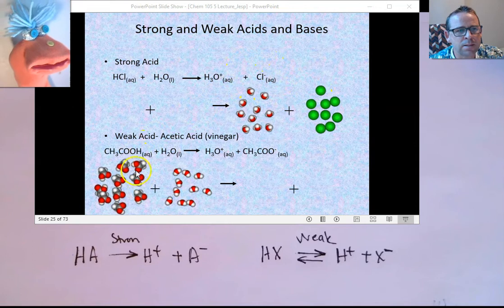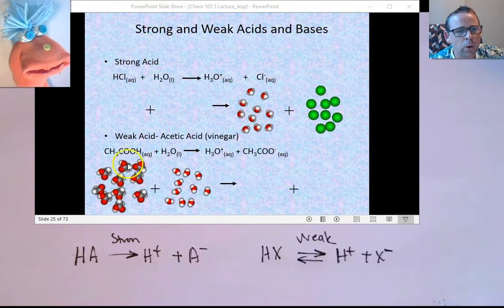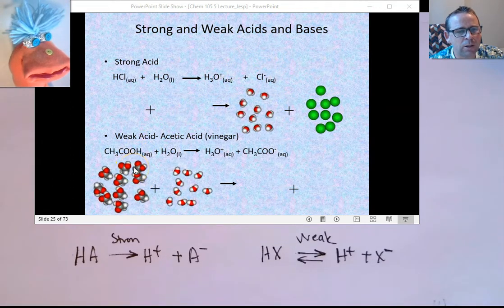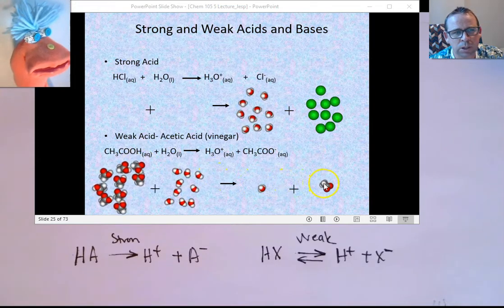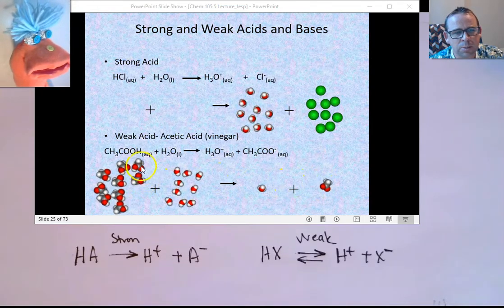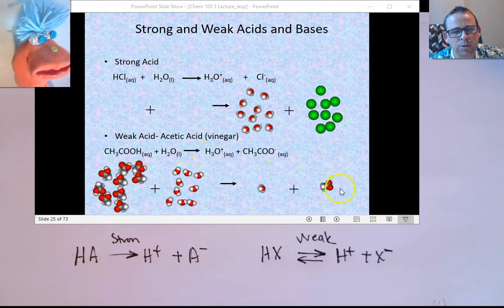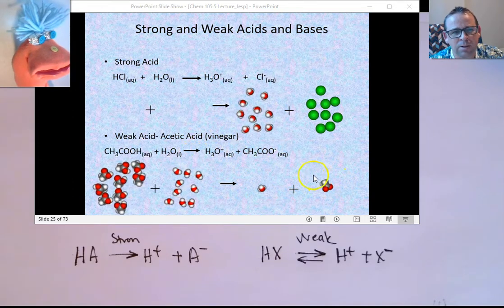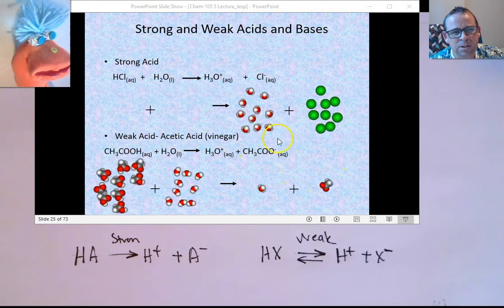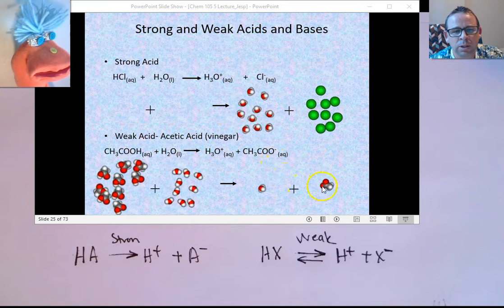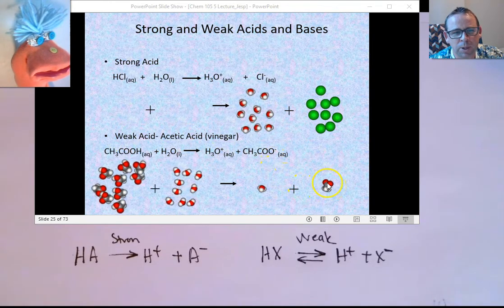In a weak acid scenario, only a very small amount of our material will dissociate. There will be some dissociation. Some of the hydrogen ion will go onto water and form the H3O plus ion, and the resulting counter ion, in this case this is acetic acid, so this is the acetate ion, only a small amount will be present.